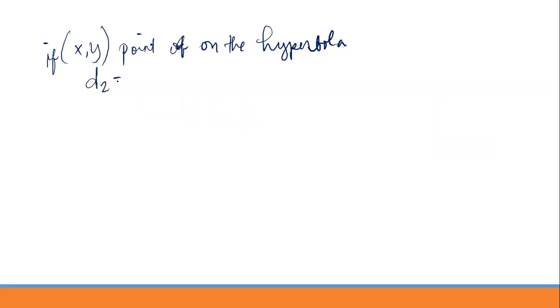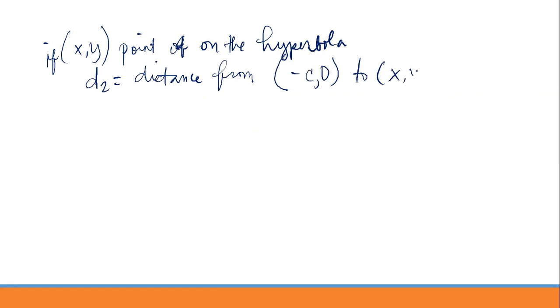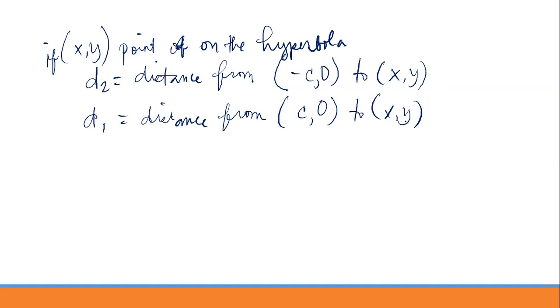Ito yung variables: d sub 1, the distance from (-c, 0) to (x, y), and then yung next na distance, d sub 2, the distance from (c, 0) to (x, y).